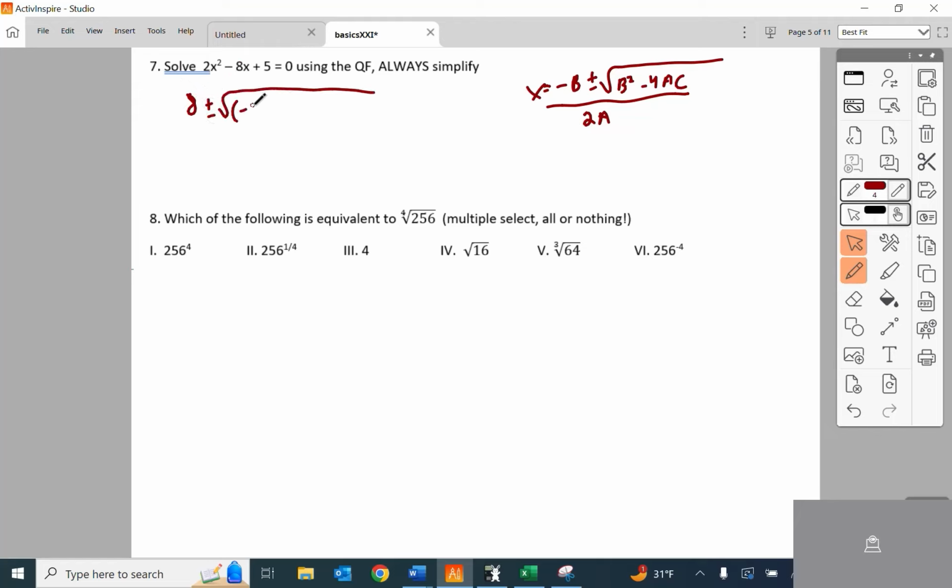And I'll show it in parentheses, maybe a couple of y'all make fewer mistakes. Negative 8 all squared minus 4 times a, which is 2, times c, which is 5, all over twice a, 2.